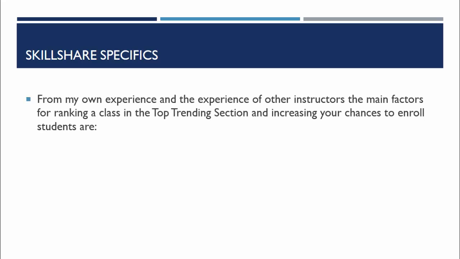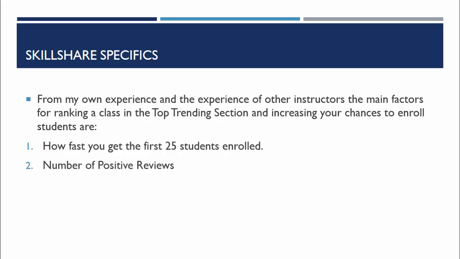From my own experience and the experience of other instructors, the main factors for ranking a class in the top trending section of Skillshare, because that is your main purpose, to get new students enrolling into your classes, are how fast you get the first 25 students enrolled. This is very, very important. Then the number of positive reviews you have, because for each of these things, Skillshare gives a number of points.